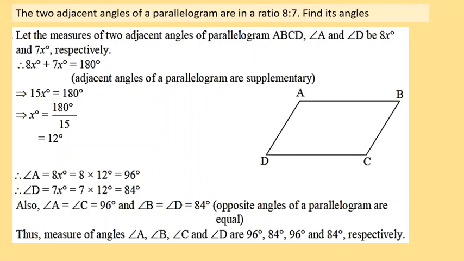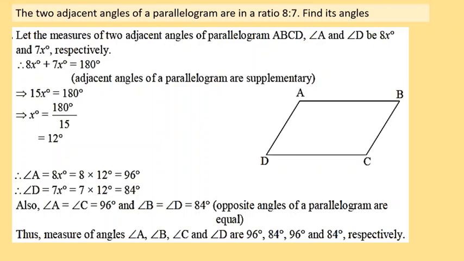Now, when any ratio of two angles is given, use algebra. It is very easy. So, one of the angle I will consider as 8x degree. Another angle I will consider as 7x degree.